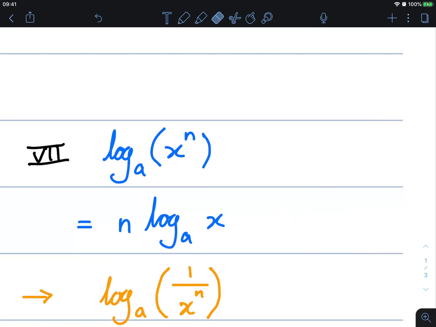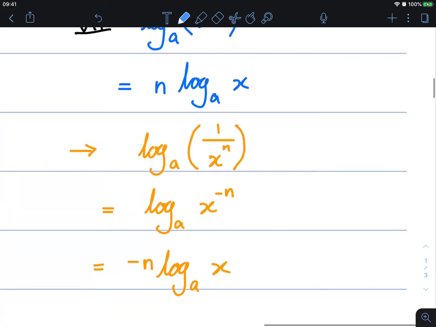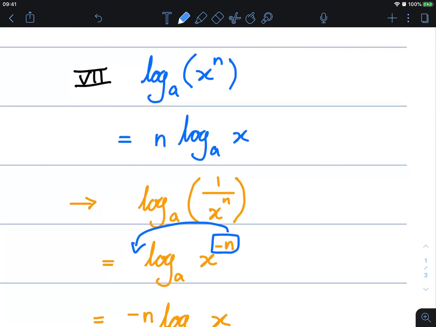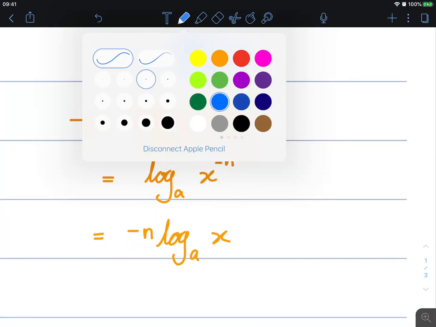And now, as a result of this, if you have a logarithm of a denominator, 1 over x to the n is the same as x to the power of negative n, and that negative n acts the exact same way here, so it becomes negative n log base a of x. Let's do an example of that here.